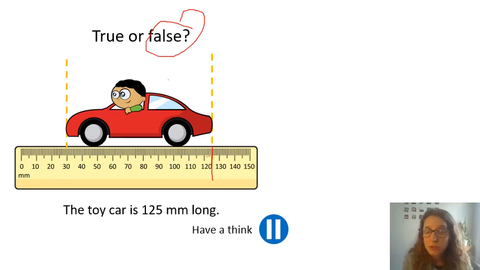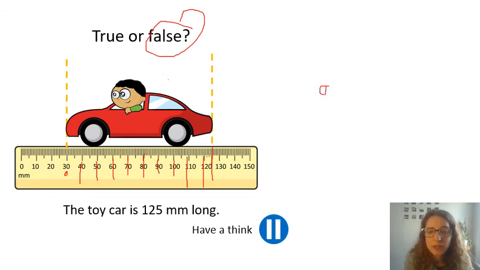But we said false, so we need to find the correct answer. Okay, so it hasn't started at 0, it has started at a multiple of 10. So what we're going to do is just count on from there. So we're going to use this as our 0. So 10, 20, 30, 40, 50, 60, 70, 80, 90, and then our 5 that we counted earlier, so 95.